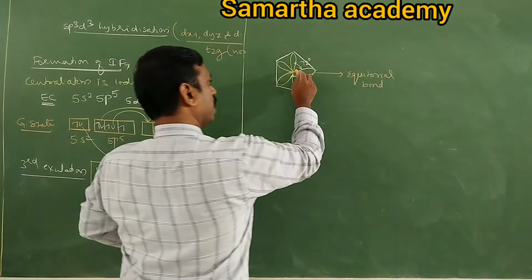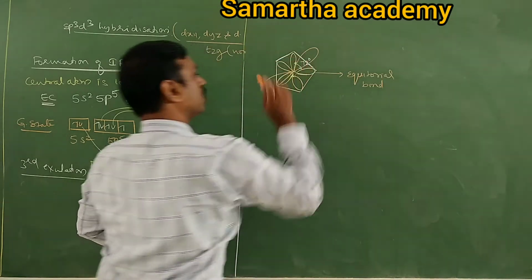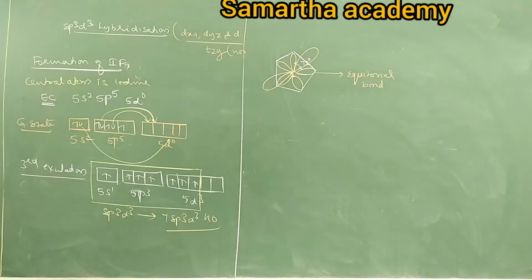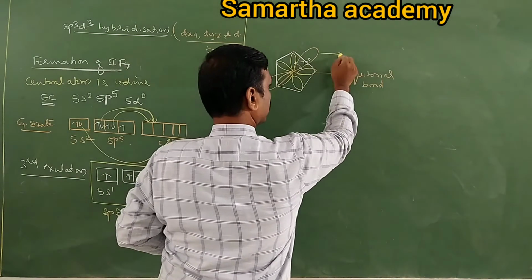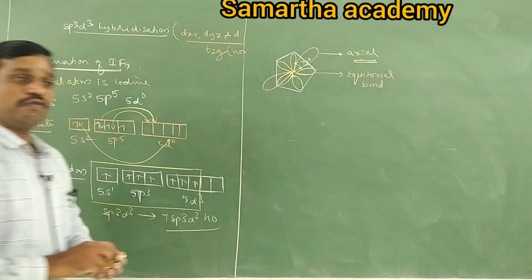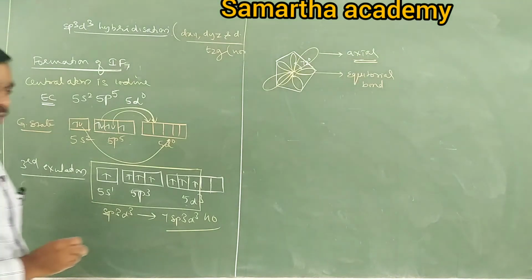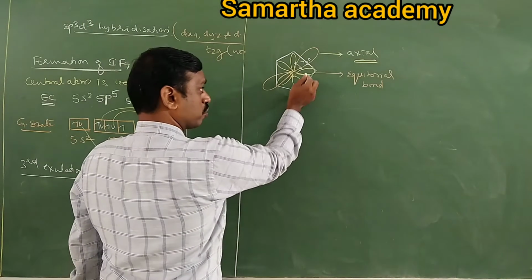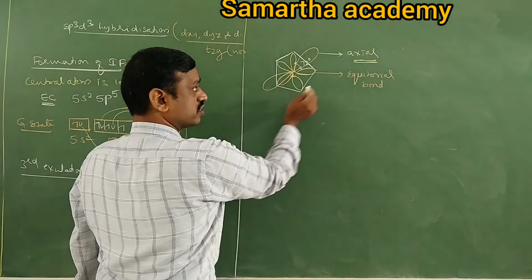So I will draw like this, above and below. These two are axial. But the important question is which bonds experience more repulsion, equatorial or axial. Equatorial, because the bond angle is very small, while the axial have 90 degrees.